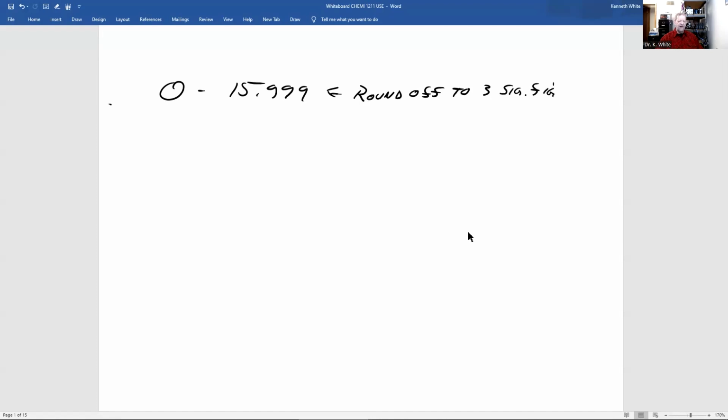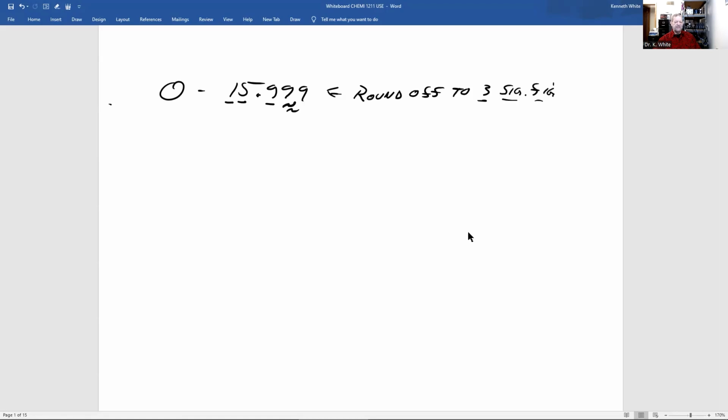And how do we round 15.999 to 3 significant figures? Keep the 1, keep the 5, keep the 9. Those are 3 significant figures. Use the next number to round off.